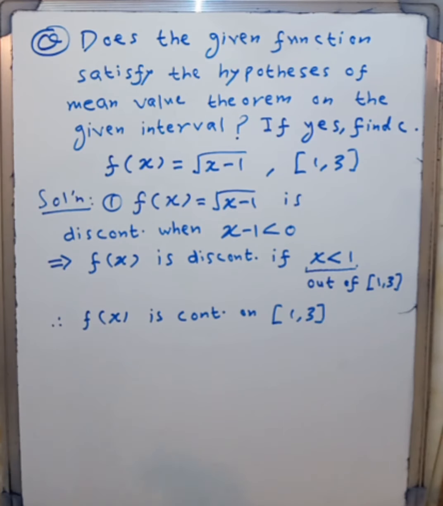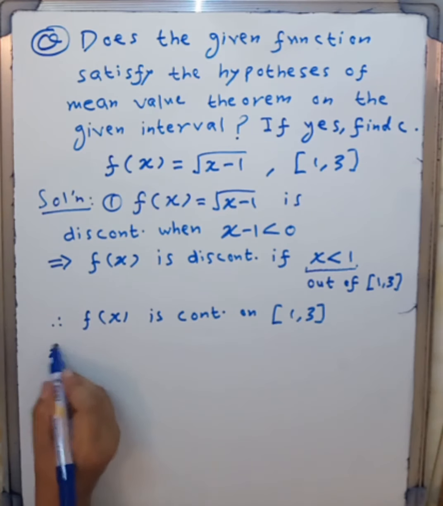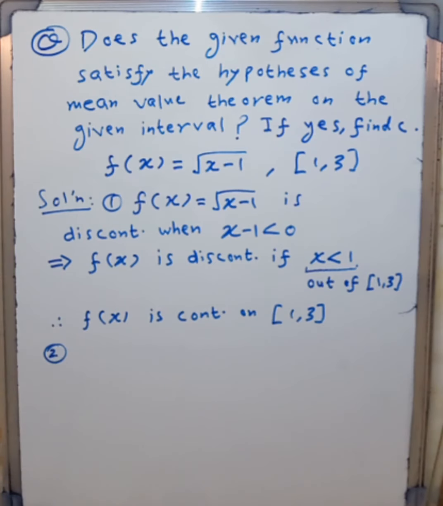Now let us go to the second condition. In the second condition, we will discuss the differentiability of the function f(x) on the open interval (a, b). So first let us differentiate the function and then we will investigate.